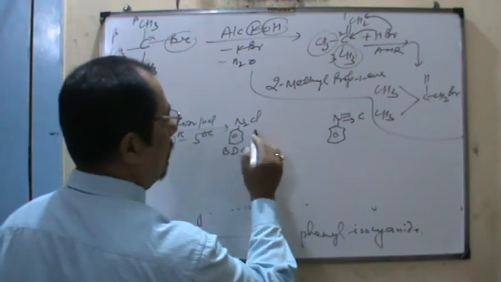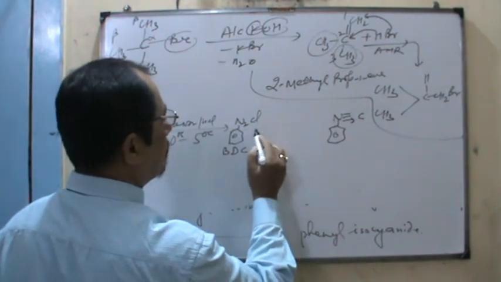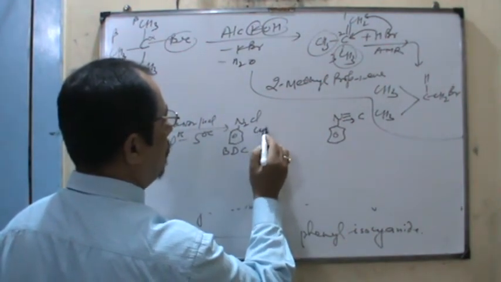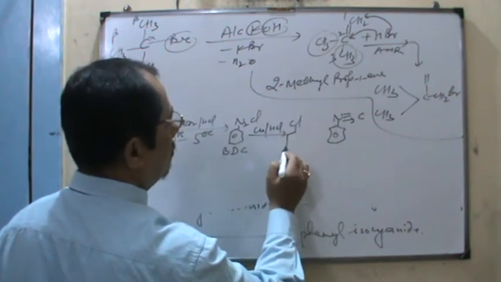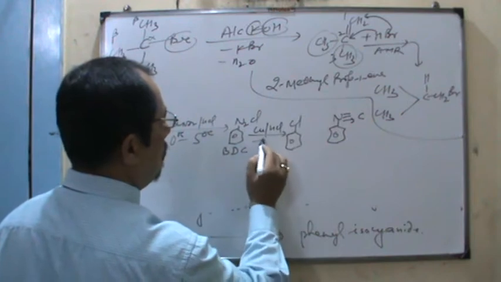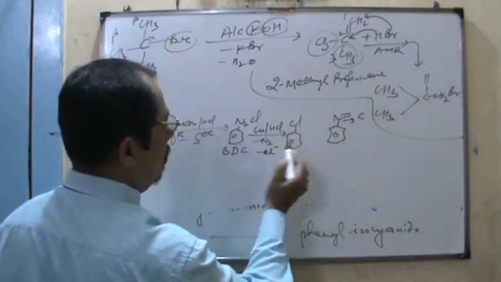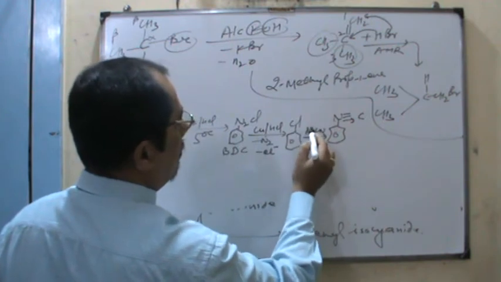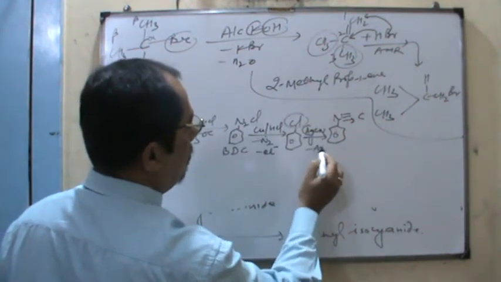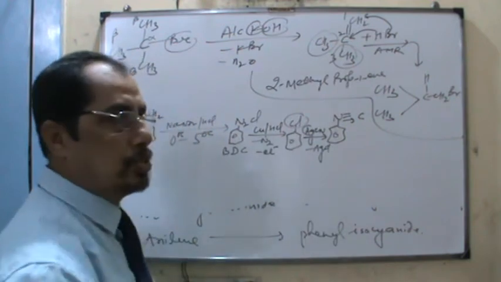Further it is reacted with copper and HCl, this is the Gattermann reaction, this is the chlorobenzene, N2 is lost here, chloride ion is lost. Further you can go for AgCN. You remember Ag and Cl is out here, therefore you get phenyl isocyanide.